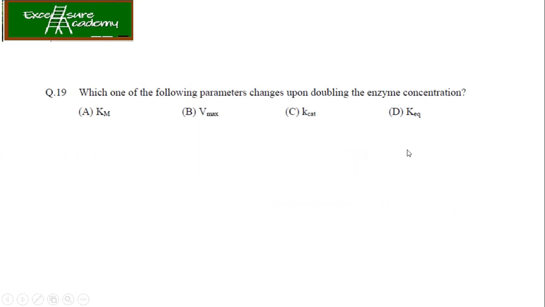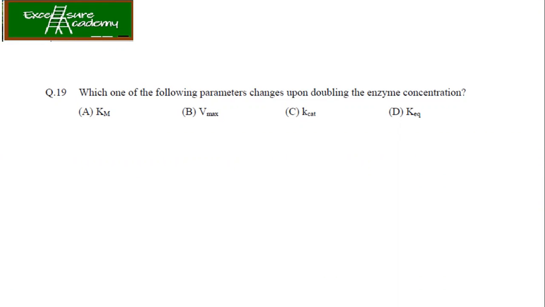Now, which one of the following parameters changes upon doubling the enzyme concentration? According to Michaelis-Menten kinetics, if the concentration of the substrate is increased, the enzyme molecules will work efficiently. If enzyme concentration is doubled, the Vmax will be doubled. Km is the value of the substrate concentration at half maximum velocity.